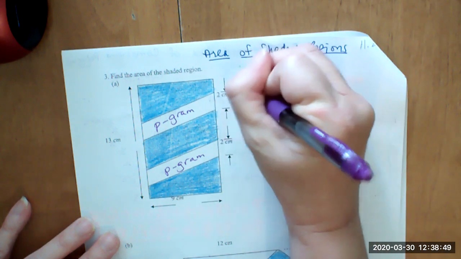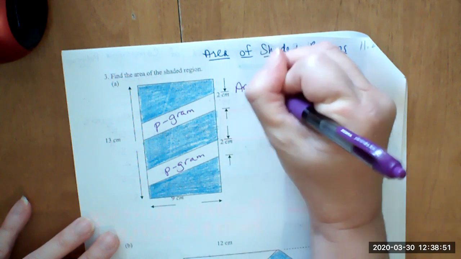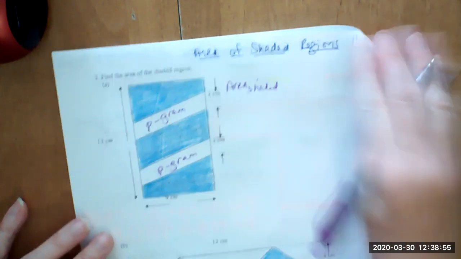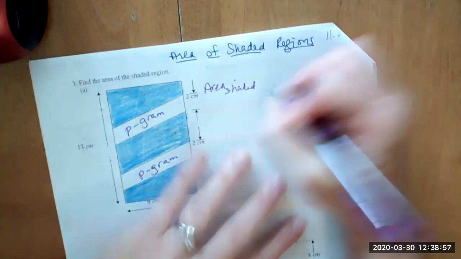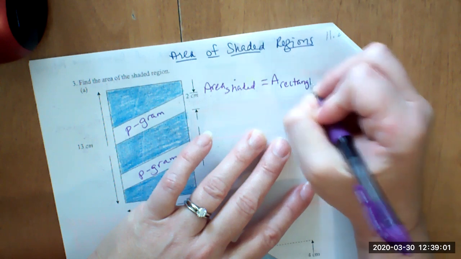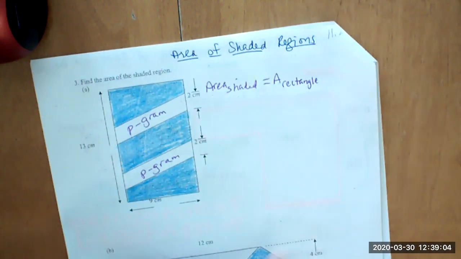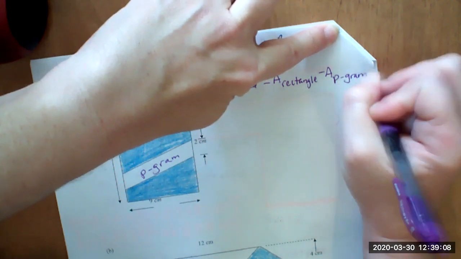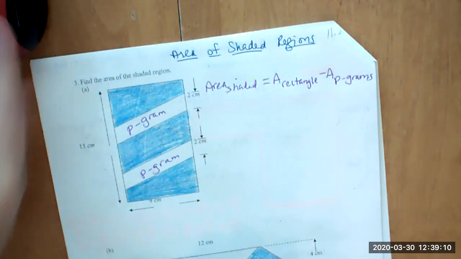So the area of the shaded region is going to equal here the area of the rectangle minus the area of the P-grams, of the parallelograms. Okay.